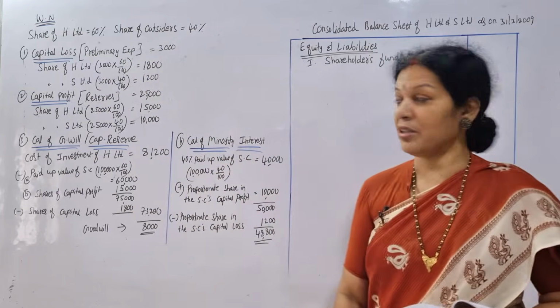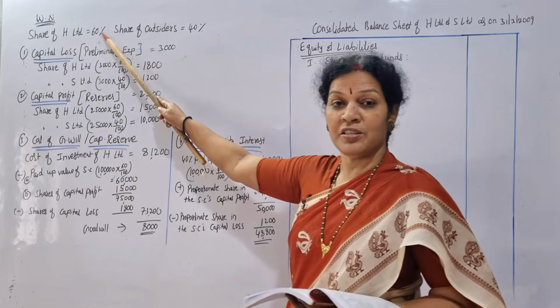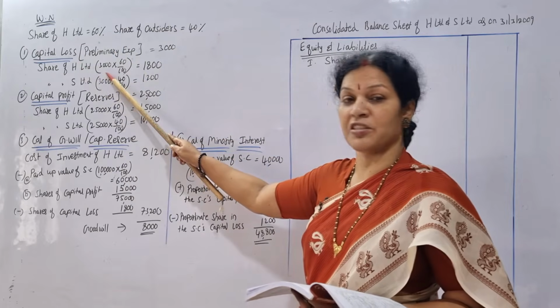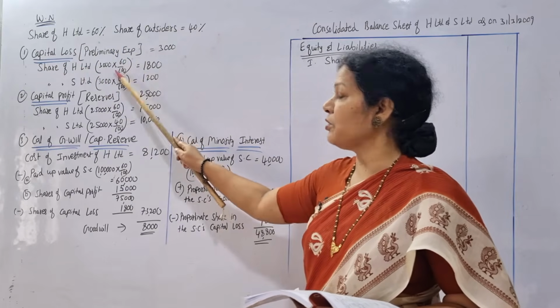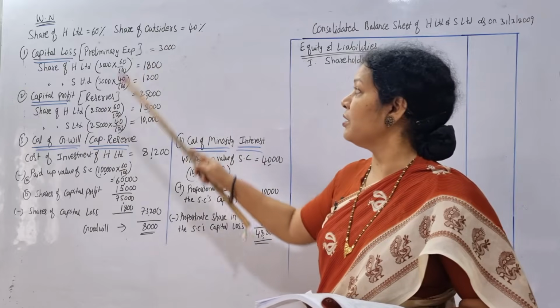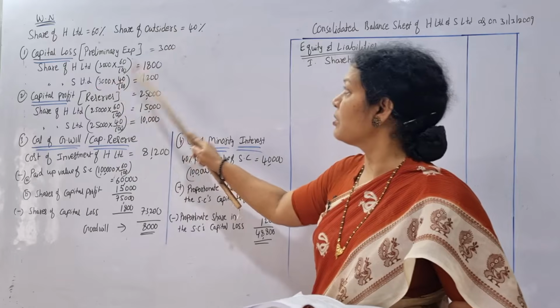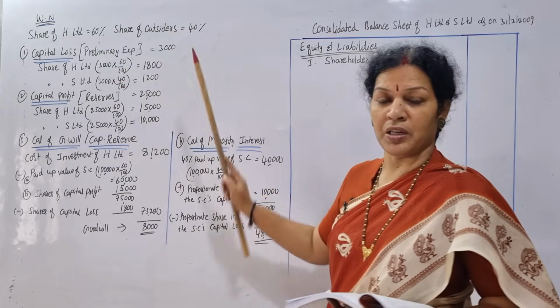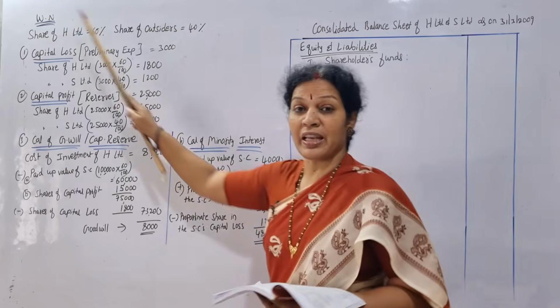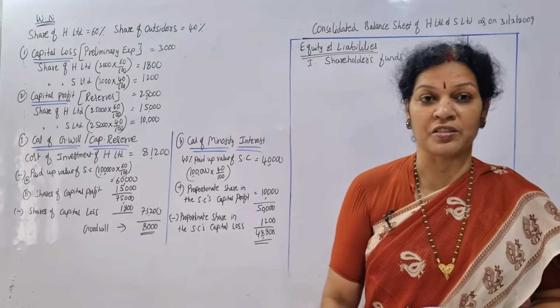Out of 3,000, 60% is H Limited's. This 3,000 into 60% comes to 1,800. In the same way, S Limited means outsiders, so this is 40%. 40% comes to 1,200. This is about the capital loss, preliminary expenses.